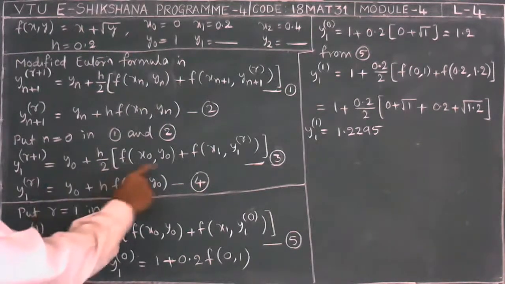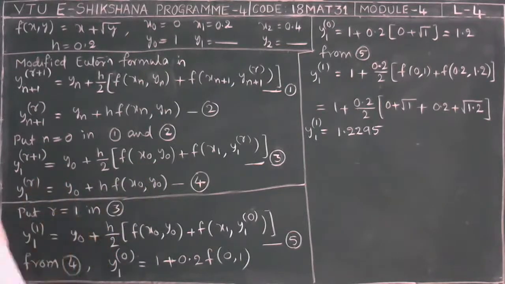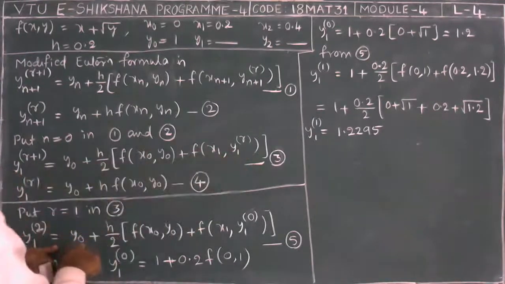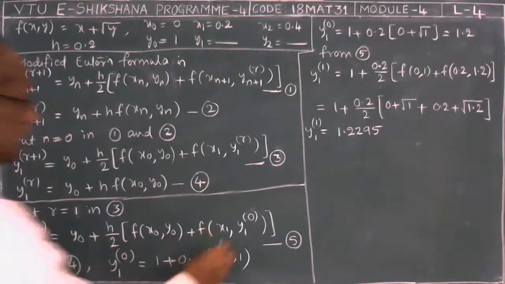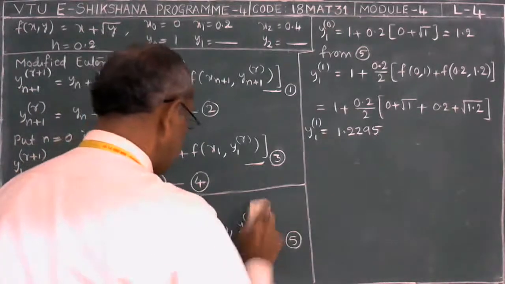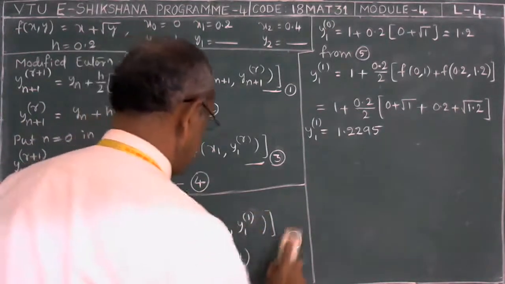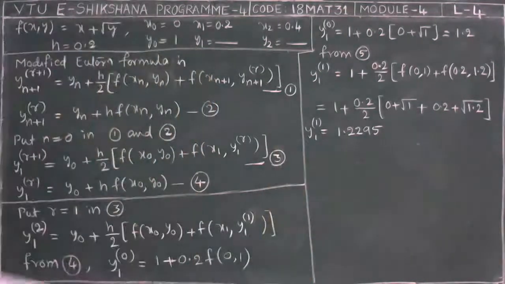When r is equal to 1 in 3, you get y12. We are only changing the r, so y0 plus h by 2, everything the same, so you get y11.